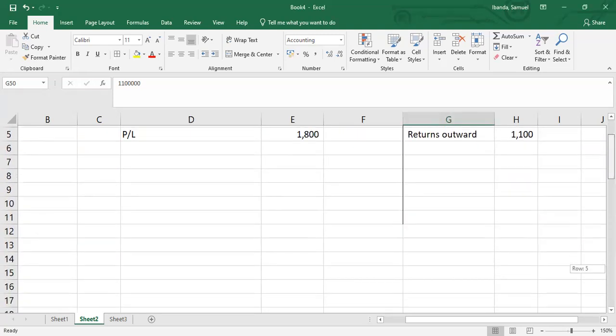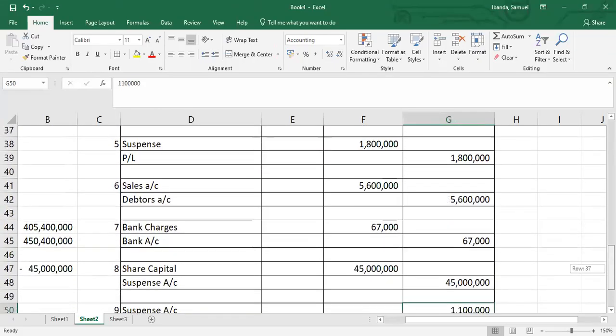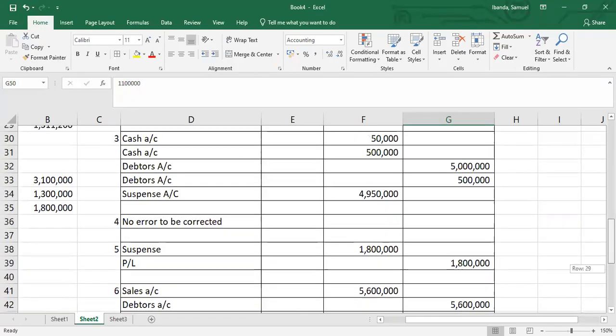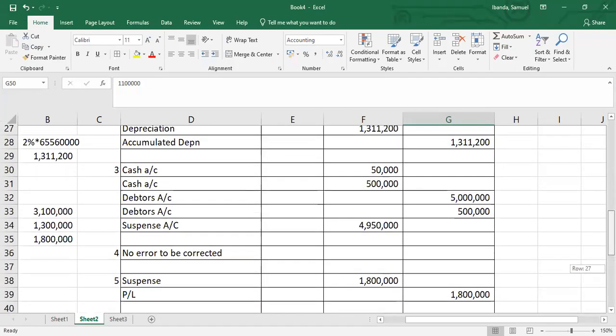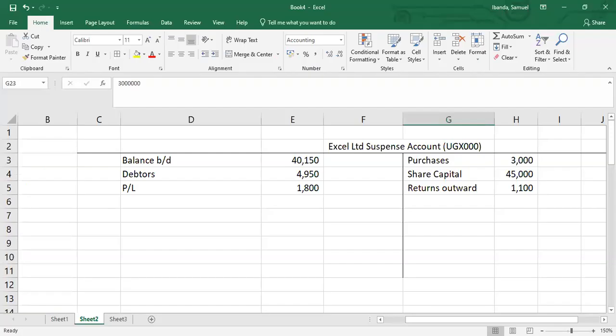The 1.1. Where are the purchases that we recorded? The purchases. Okay, we have purchases here of 3 million, which we also recorded there. Is that all that we included within our account?